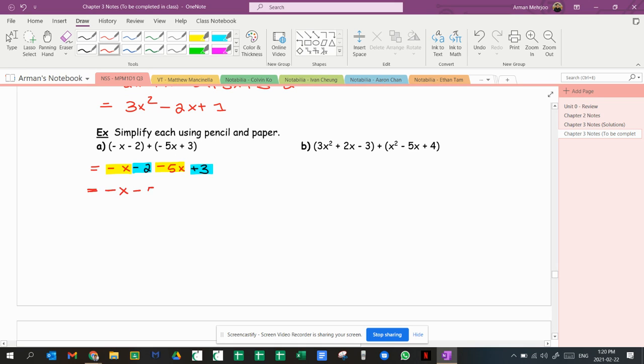And now I can group them up, and I can simplify. So negative x minus another 5x will be negative 6x. Negative 2 plus 3 is going to be plus 1. Let's do this next one over here. So again, get rid of my brackets. Let's identify my like terms.